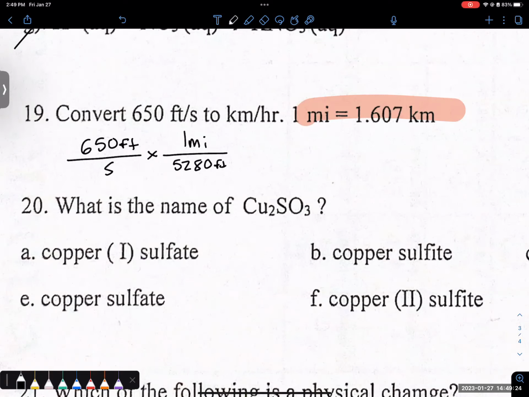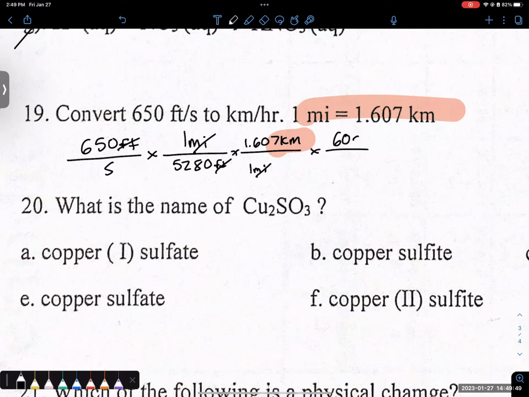Now we can use the conversion factor. So 1 mile is equal to 1.607 kilometers. And does that give us our desired unit on the numerator? Yes, right? Feet cancel, miles cancel, and we're left with kilometers. Now we need hours on the denominator. So seconds, we need to cancel that out.